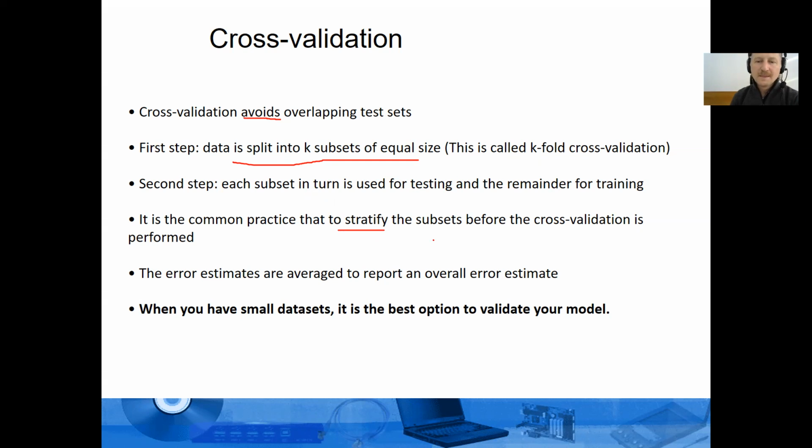For example, you have a data set of 100 samples, and 90 of them are setosa flowers, and only 10 of them are versicolor flowers.